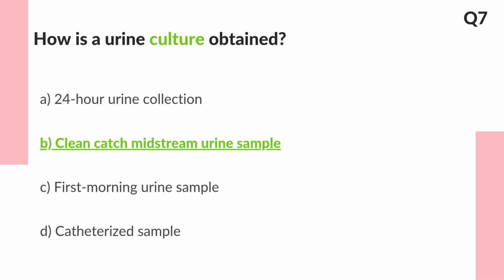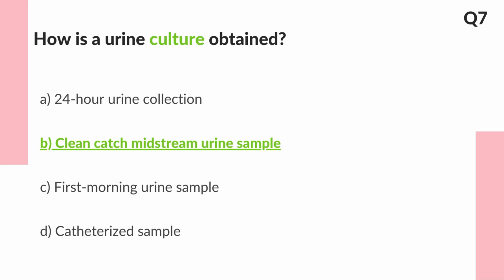If you look at the other options, it's very uncommon that you collect the first morning urine unless you are told to do so. And 24-hour urine is usually intended for if you're suspecting diseases such as pheochromocytoma or any other classical or severe disease condition.